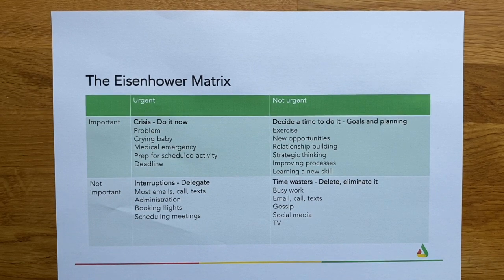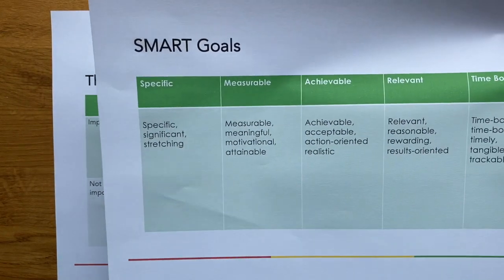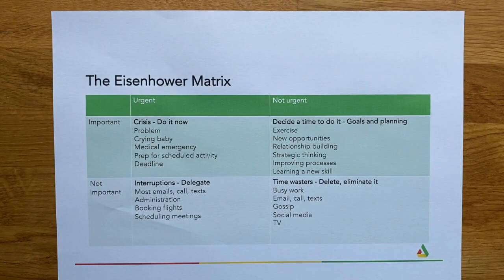So the next one is the Eisenhower matrix. This can be really useful when you're thinking about what's achievable, which is one of the columns on the SMART goals. When you're thinking about what's achievable, you're going to have all sorts of different things that you're grappling with and juggling at the moment. And you can divide these if you feel that, well, I really don't have the time for this.